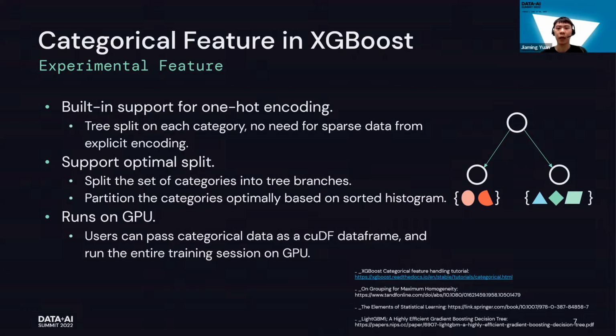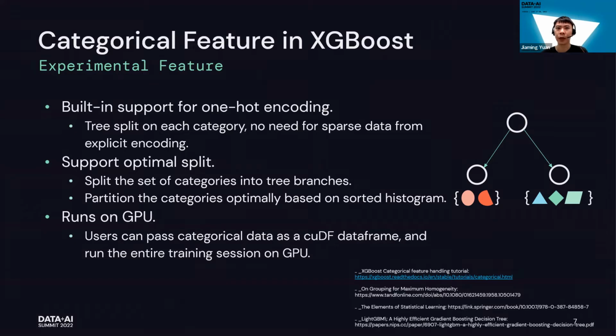Another thing I want to mention is that XGBoost supports a full pipeline on GPU that includes categorical features. That means you can have your categorical features in a training pipeline that runs naturally on GPU.